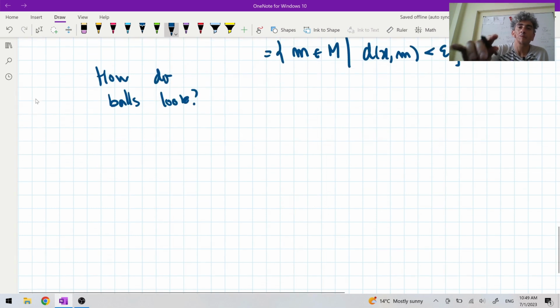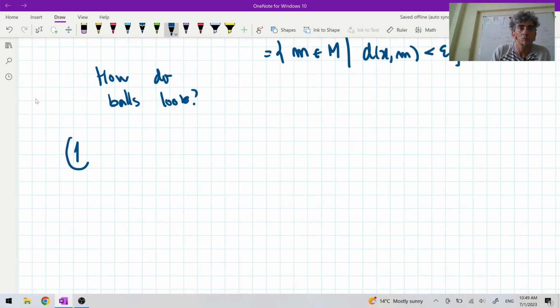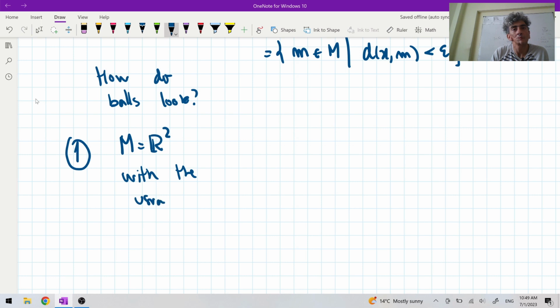Well, when you take the Euclidean plane with Euclidean distance, say you want to take a look at the ball at a center at 0 of radius epsilon.